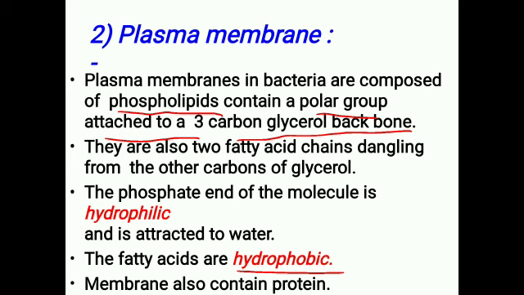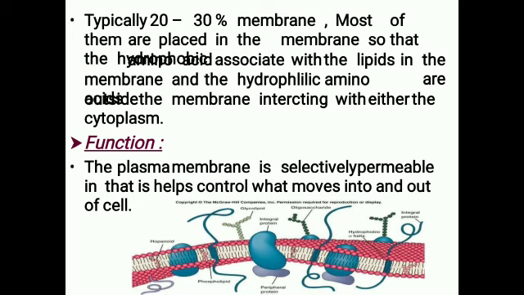The plasma membrane also contains proteins. Typically 20 to 30% of the membrane is protein, most of them placed in the membrane, associated with the lipids, and the hydrophilic amino acids at the membrane interact with the cytoplasm.